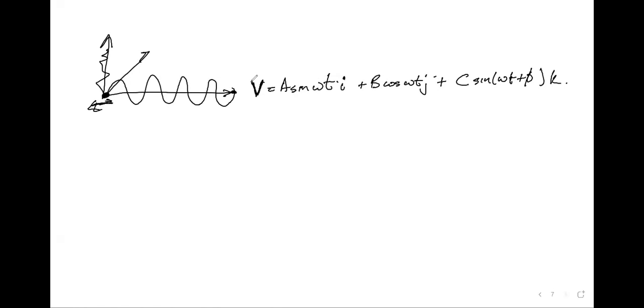So if we are trying to capture the voltage in 3 dimensions and it's oscillating, we are going to be describing it in 3 dimensions, the i, the j, and the k, x, y, and z direction.